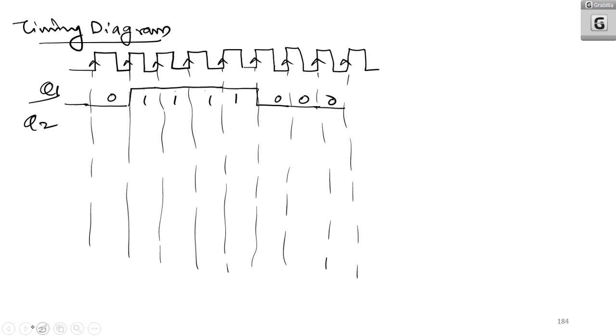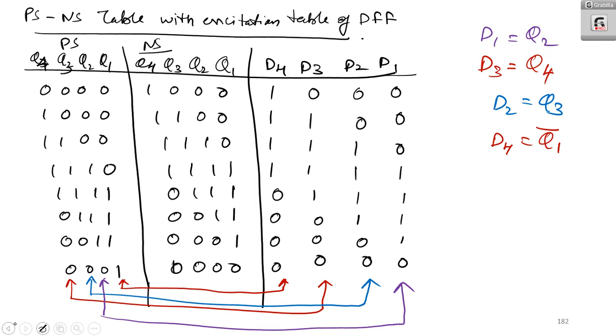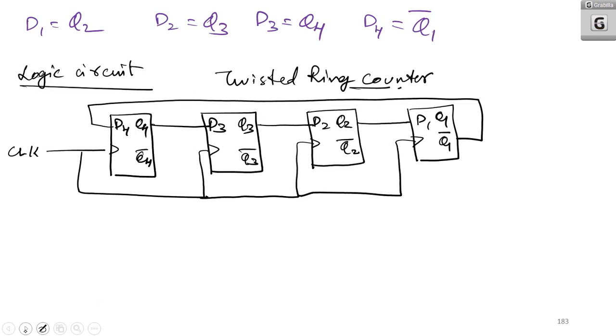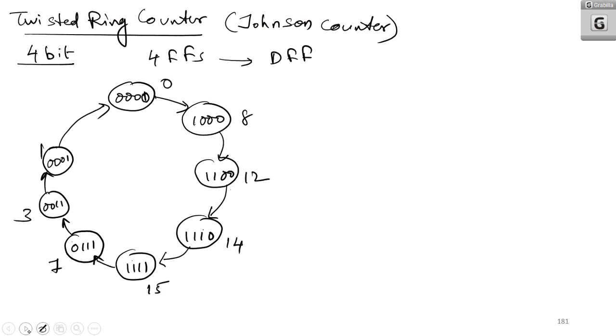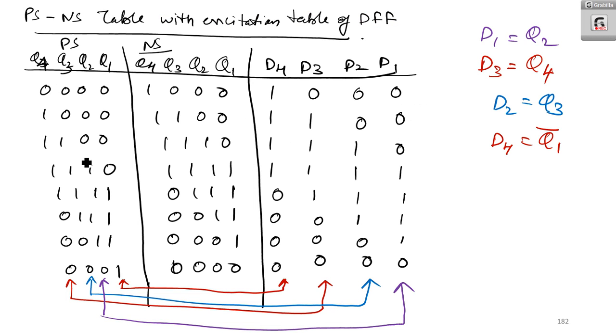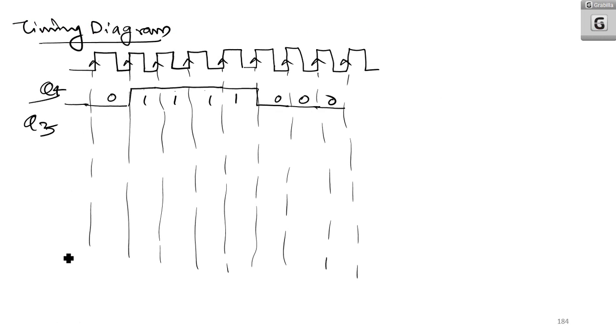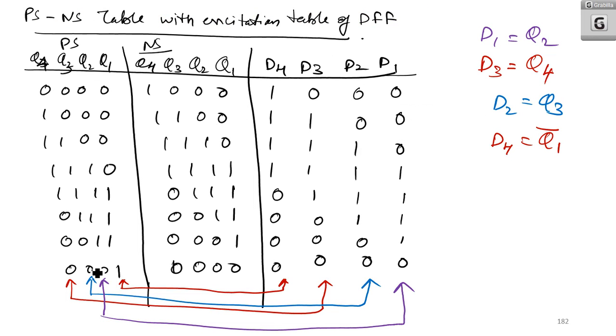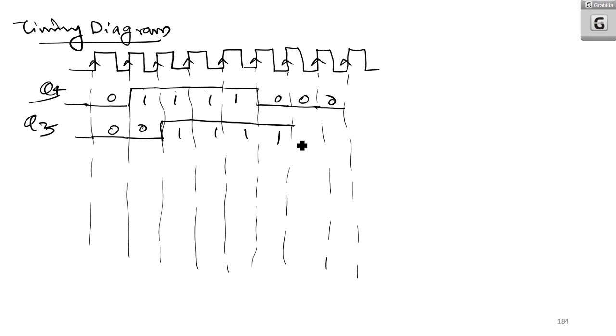Now coming to Q3, how will Q3 be? Q3 will be 0 0 0 0 1 1 1 1 1 1 1 1, then 0 0 0 0.